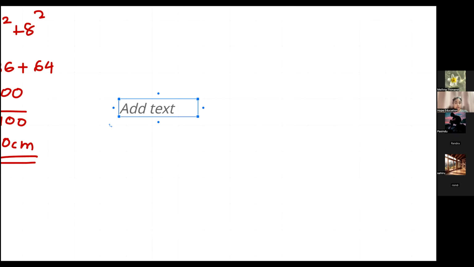Did we do the square based right pyramid? Did we do the square based right pyramid? We did the one third a squared h, right? Did we do any examples from it? Or did we just learn the formula?